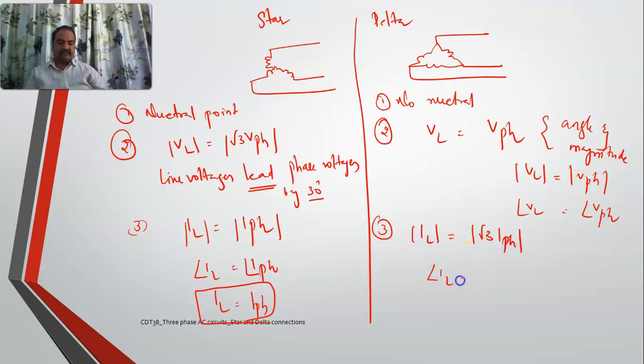The angle of IL is angle of I phase minus 30, which means line currents lag phase currents by 30 degrees. This is an important thing which you should remember.